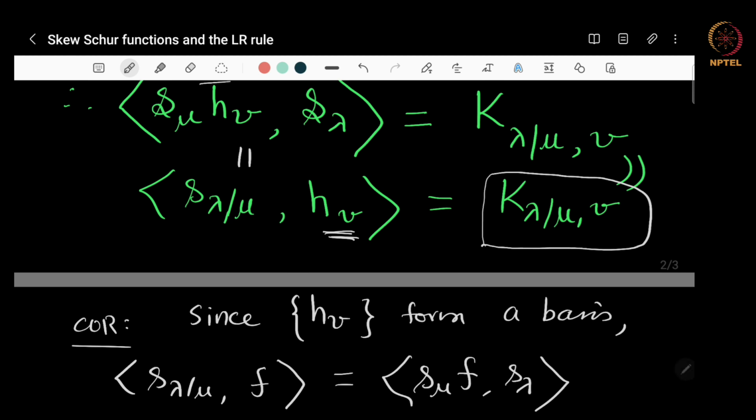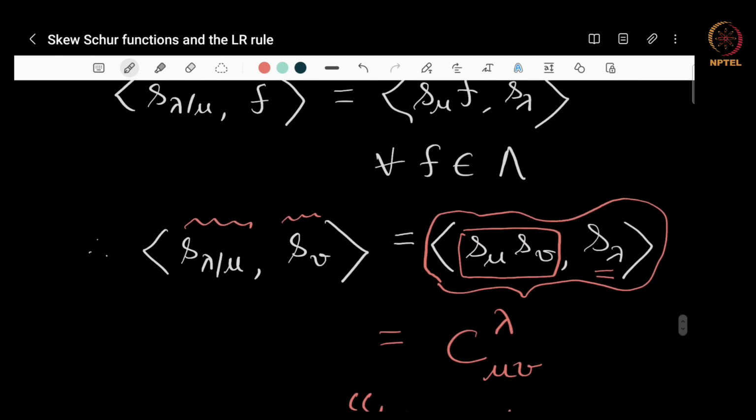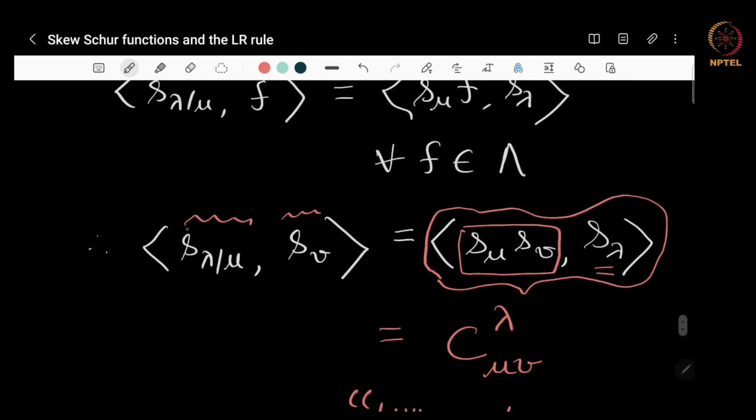This number tells you how to expand the Skew Schur function in terms of the complete symmetric functions. But what we are interested in is how to expand the Skew Schur function in terms of the Schur functions. Okay, so we are trying to do the same expansion of the same object, but with respect to a different basis, the Schur basis.